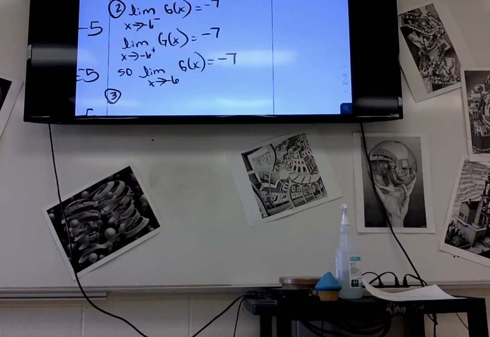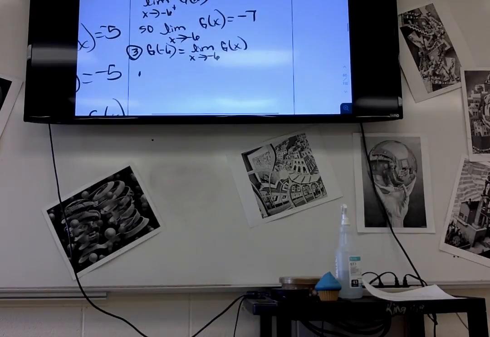They're all -7. So g of -6 is equal to the limit as x approaches -6. Therefore, g of x is continuous at x equals -6.